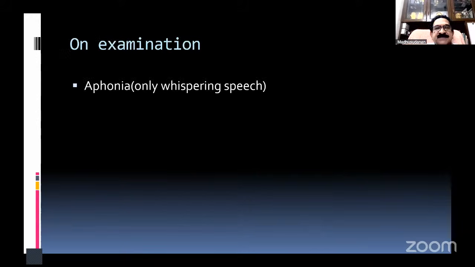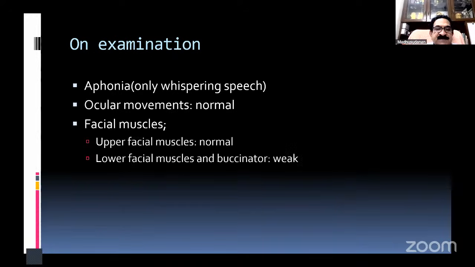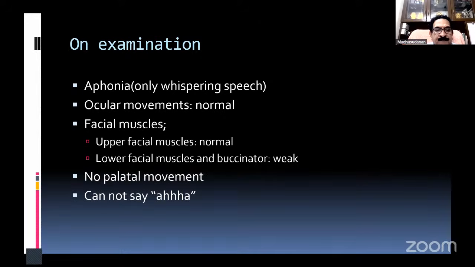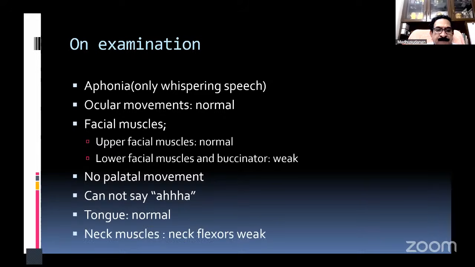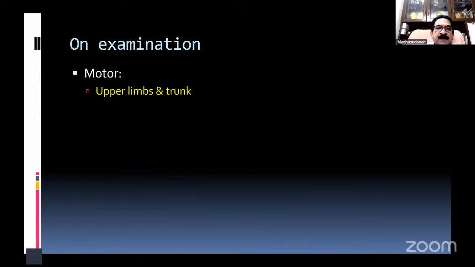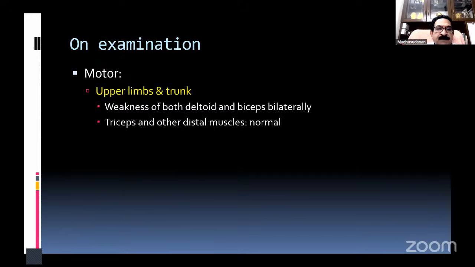So on examination, she has aphonia, only whispering speech. Ocular movements normal, upper facial muscles normal, lower facial muscles and buccinator were weak. No palatal movement. Cannot say ah. Tongue normal. Neck flexors were weak. Motor, upper limb and trunk: weakness of both deltoid and biceps bilaterally. Triceps and other distal muscles normal. Could not get up from the bed.